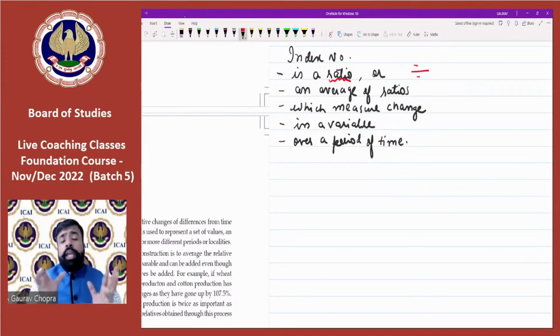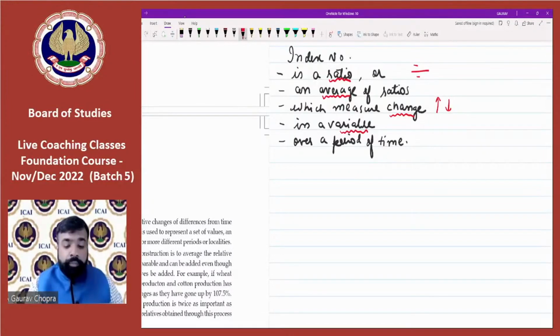So if ratios are more, then we can take average of those ratios. So index number will be average of ratios. Now what index number measures? It measures change. Change means increase or decrease.